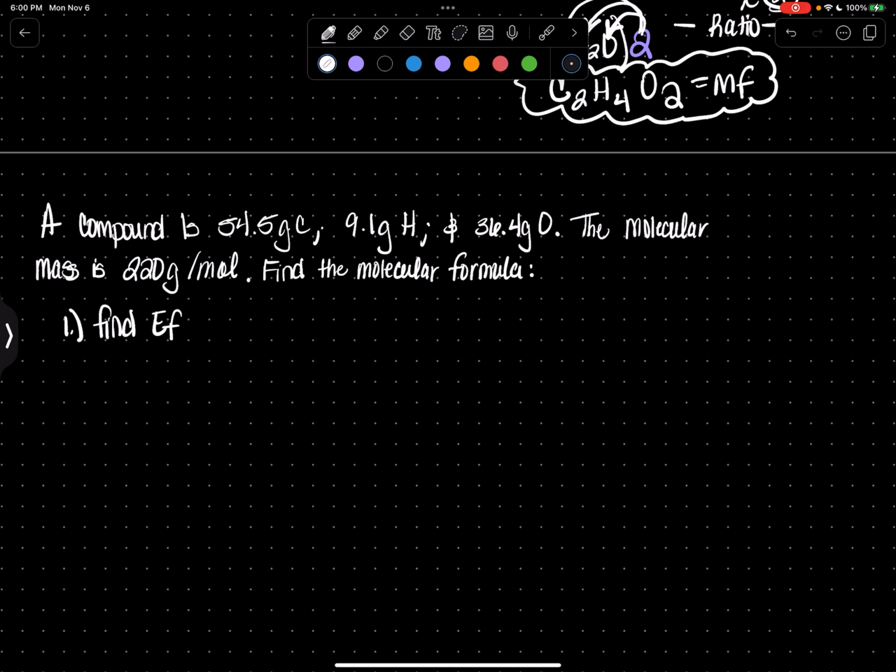Easy breezy, beautiful. Grams, percent is grams, grams to moles. I don't have any percents, so I go straight from grams to moles. 54.5 grams of carbon. I'm just going to make my list here and start turning into moles with that one-step stoichiometry we know.